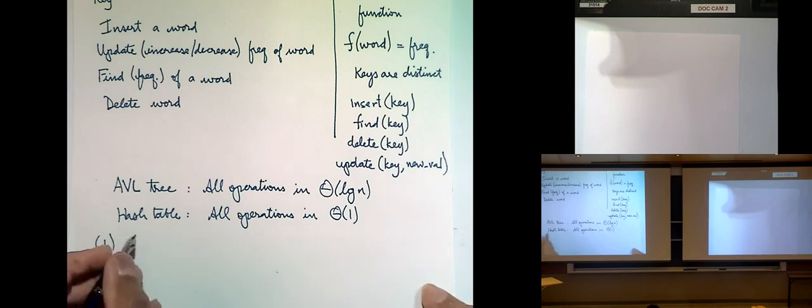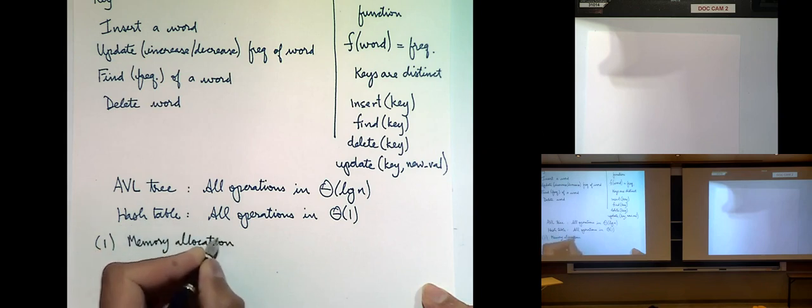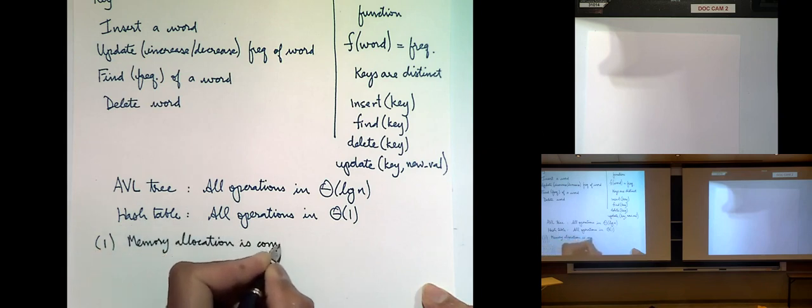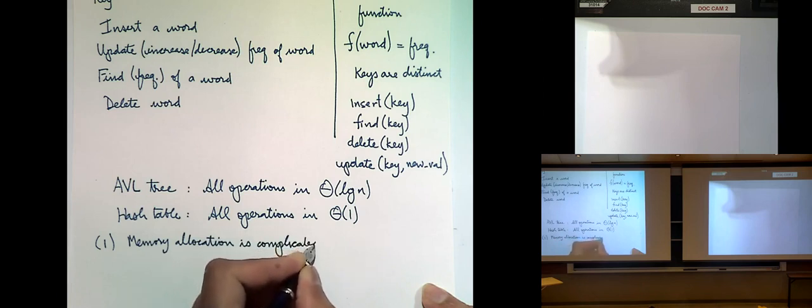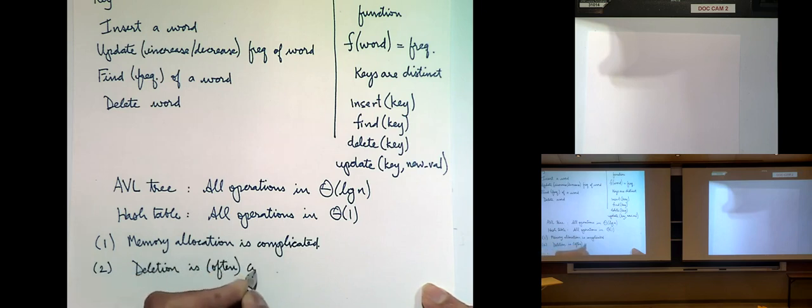So the first problem with the hash table is that memory allocation is complicated. The second is that deletion is often complicated.